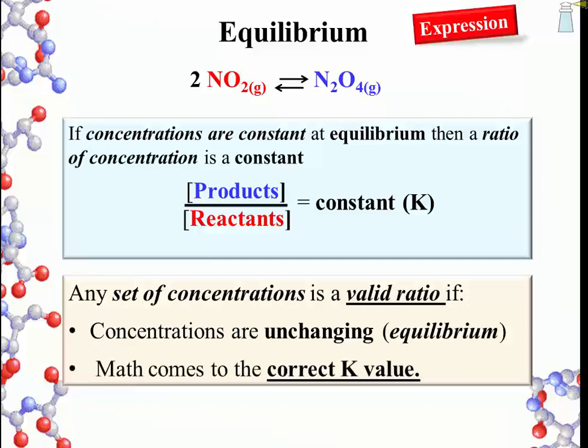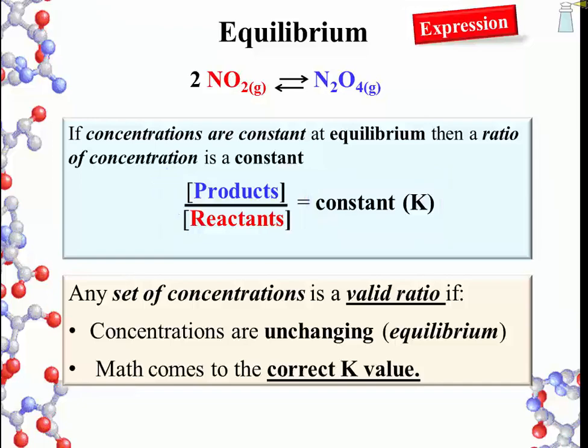For example, if additional reactant were added to a reaction at equilibrium, the concentration of products would also go up. Eventually, equilibrium would be reestablished. The new ratio of larger concentrations would also come to that same K value. More reactants produces more products, leading to the same equilibrium ratio.